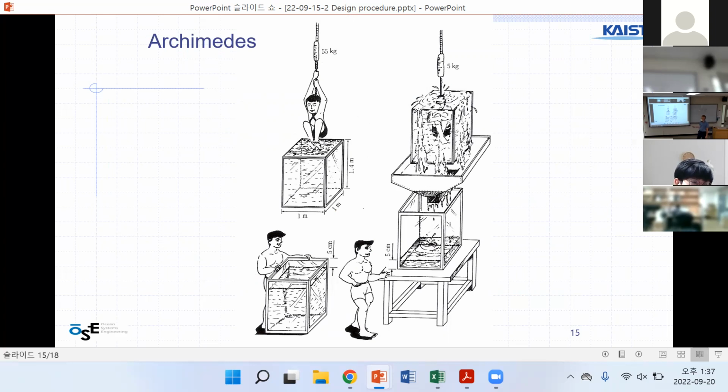What weight will this one be? 50. There is a balance between buoyancy and weight, right?